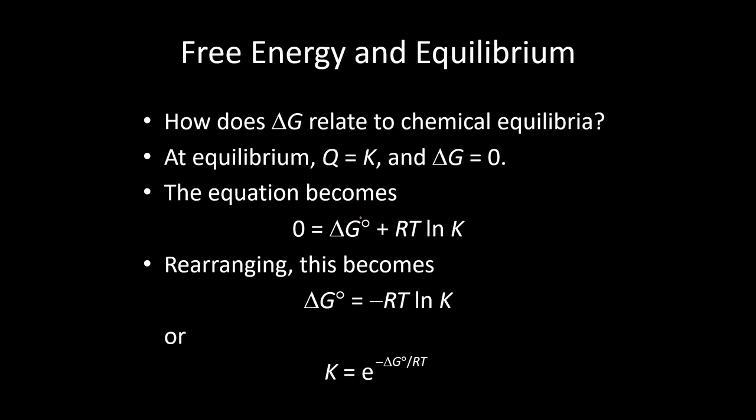Just plug in 0 there, plug K in instead of Q, do a little bit of rearranging, because while this is a correct equation, it's not in its most useful form. So you kind of move all of this stuff over to the other side here. Essentially subtract this from both sides so that it kind of flips over here. We get the standard Gibbs free energy value is equal to negative RT ln K.